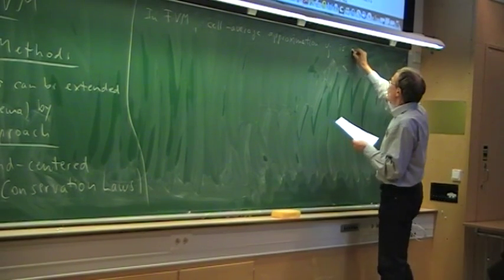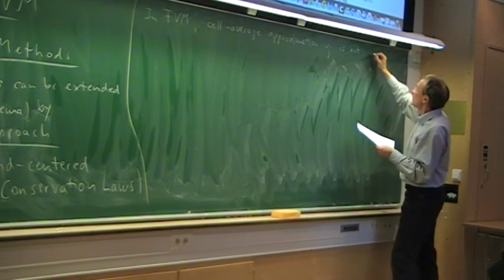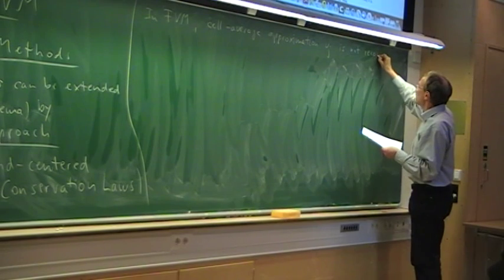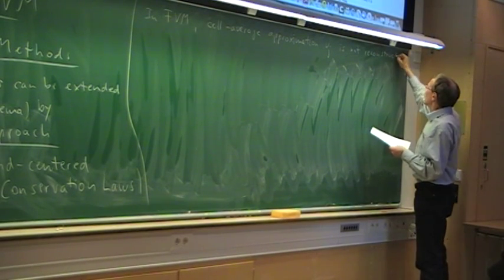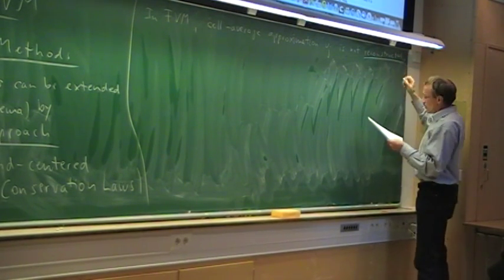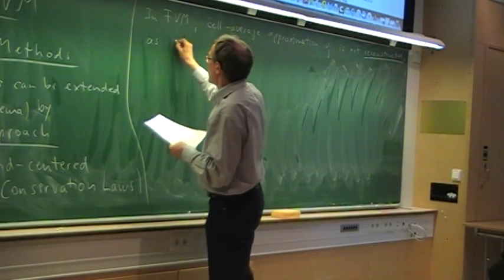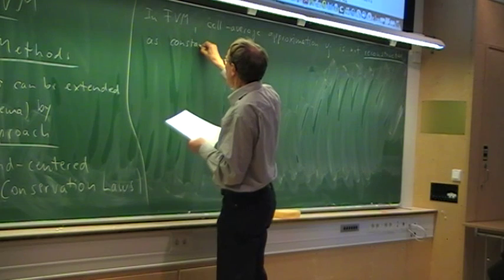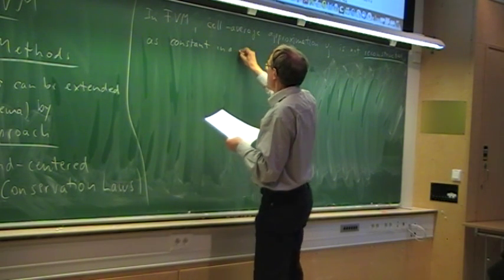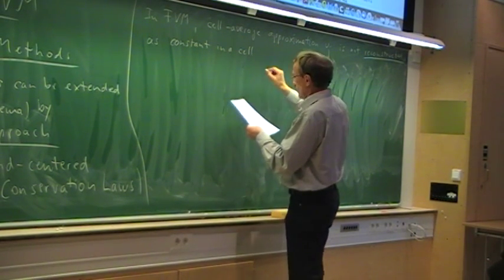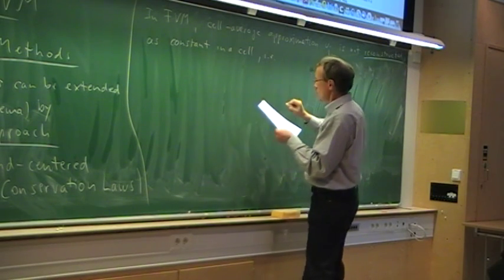That is not, and here the name is introduced, reconstructed. So we shall understand that in a minute. As constant in a cell. For example, that is what we have been doing.